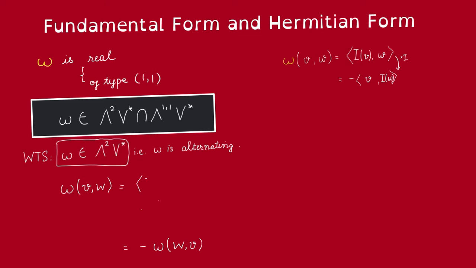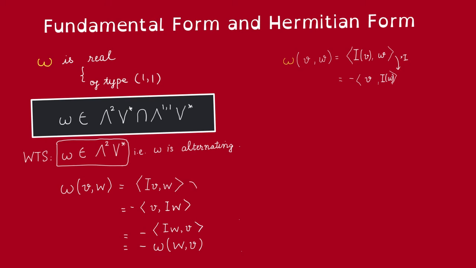By definition, this is just the scalar product of I of V with W. Whereas this bottom term here is equal to minus the scalar product of IW with V. And we can immediately see why these are equal, because both of them are equal to minus the scalar product of V with IW.